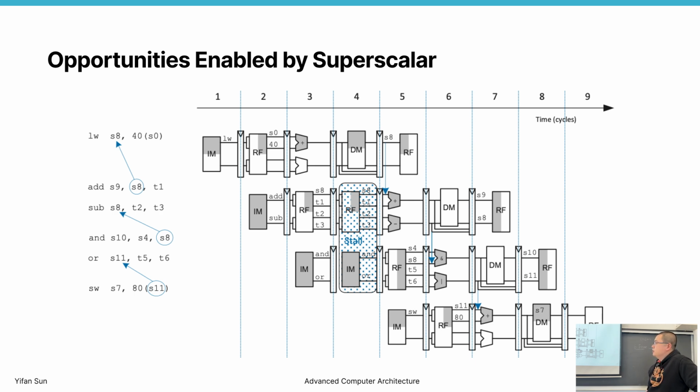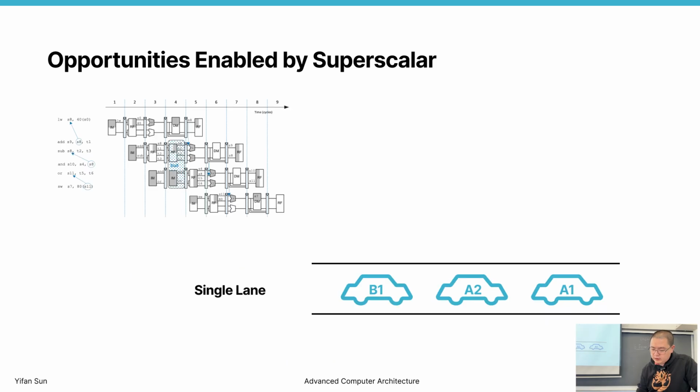And to support this type of instruction, consider a single scalar execution. If I have some cars running this way, for example A1 and A2 are a team and they have to run in this order, but B1 is another totally independent car, so it can drive faster.